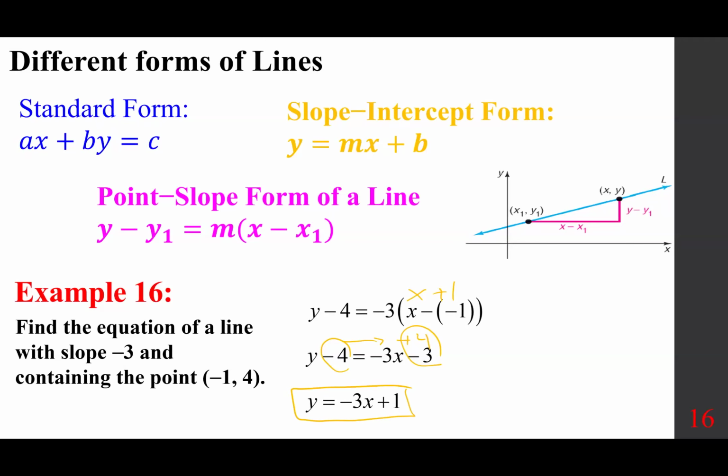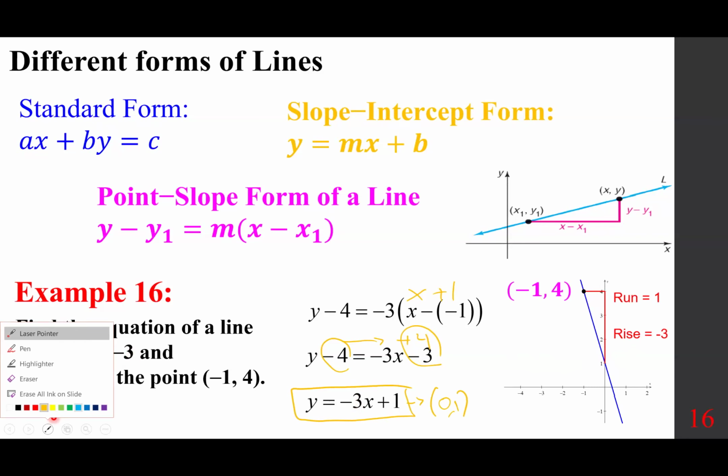And basically, you can pick up a couple of pairs and graph it if you want. One of the pairs from here, I hope you recognize, is the y-intercept, (0, 1). But in any event, if you want to go with the methodology that was discussed, we have (-1, 4), and the slope is negative 3.